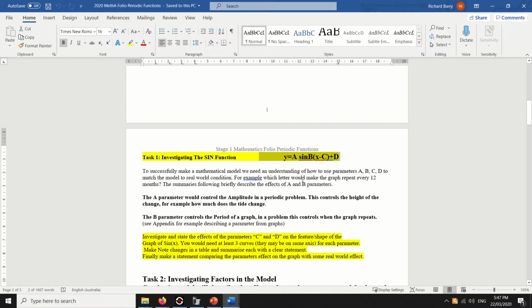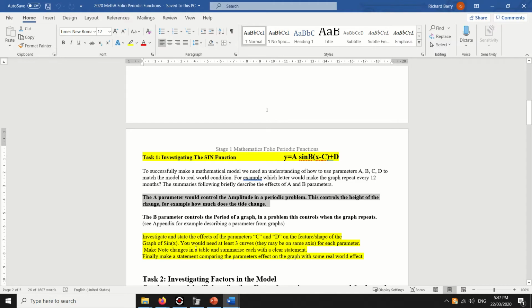I have described what the A and B parameters are and how they control and affect the graph. So your first task is to spend maybe a page on each of the other 2 letters, the C and the D, and explain how they affect the graph. Maybe at the end you might make a little summary about what that might mean for a mathematical model.